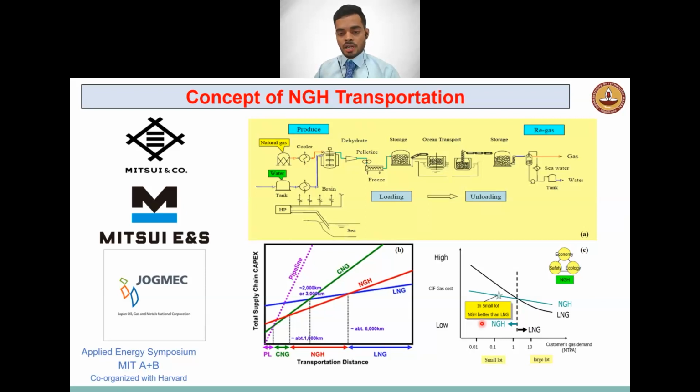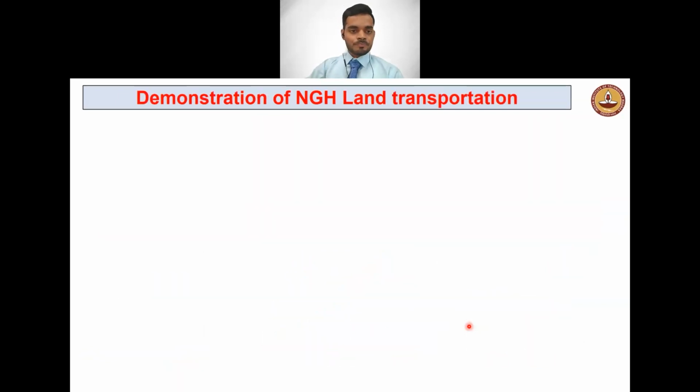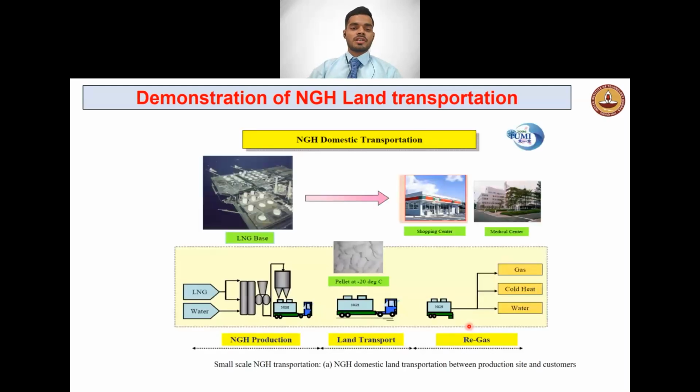If we now compare CIF gas cost with quantity of the gas transported, then we can understand that for a small quantity, natural gas hydrate is better, and for large quantity, LNG is better. Now I'll be demonstrating the natural gas land transportation, which was first introduced by the same Japanese company.